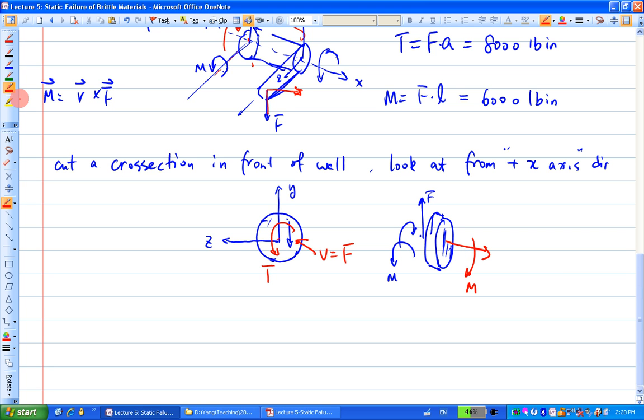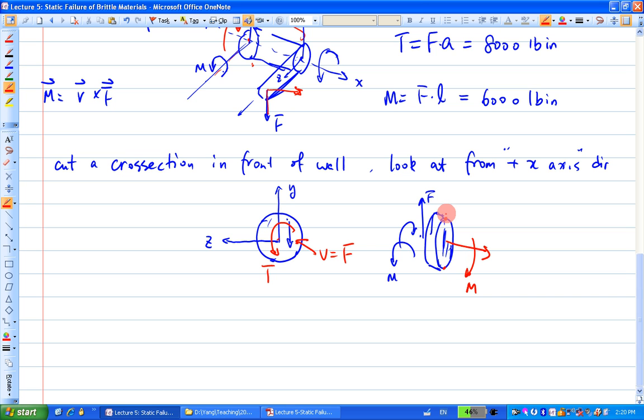The way to analyze a cross section is to remember some special values. For bending moment, what's the special characteristic? It causes normal stress, bending normal stress, and it always has a maximum at top and bottom.